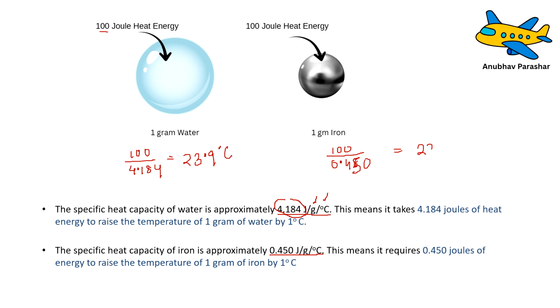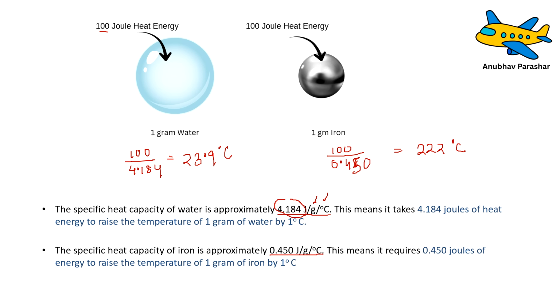Oh my God. The same amount of heat you are supplying, but you see the increase in temperature of iron is much, much higher. So basically, I can comment that water has more capability to store heat. And yes, it is liquid; liquids do have more capability than solids.